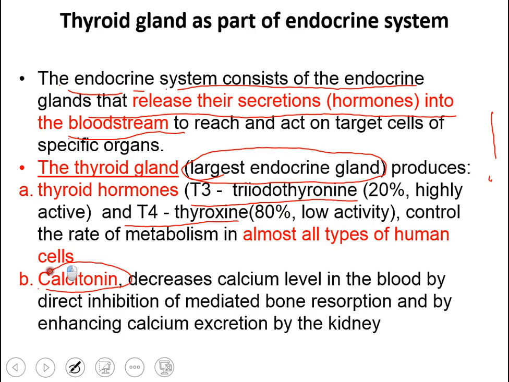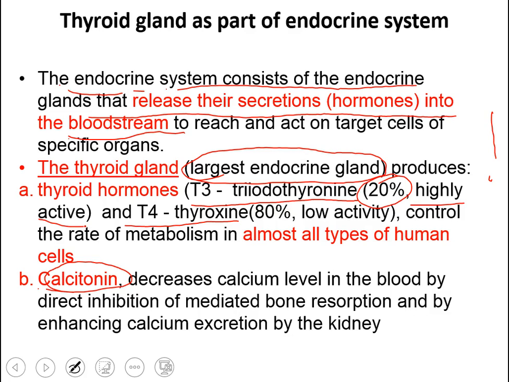So let me tell you a little bit about hormones produced by the thyroid gland. T3, or triiodothyronine, represents 20% of the total pool of thyroid hormones and has the highest metabolic activity.